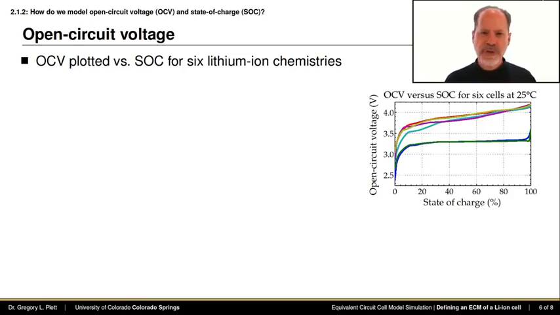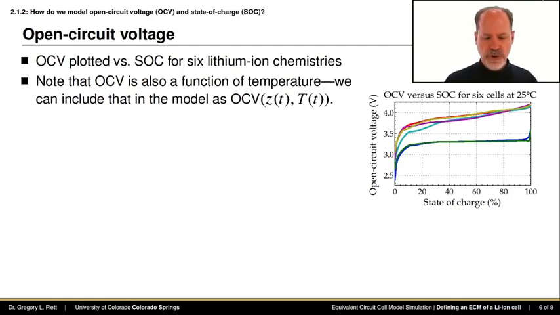The 2 lowest curves are perhaps the most similar, and those are from 2 different types of lithium iron phosphate, or LFP, battery cells from different manufacturers, as it turns out. The 4 upper curves are for cells having positive electrodes that are some combination of lithium cobalt oxide or nickel manganese cobalt oxide or even nickel cobalt aluminum oxide, some of the chemistries that you learned about in the first course in this specialization.